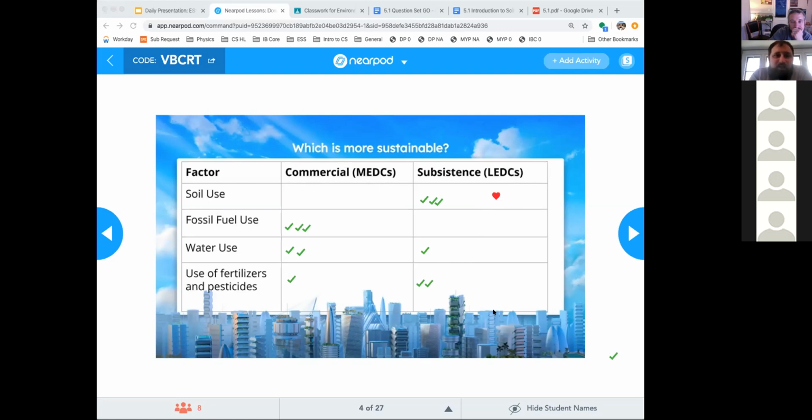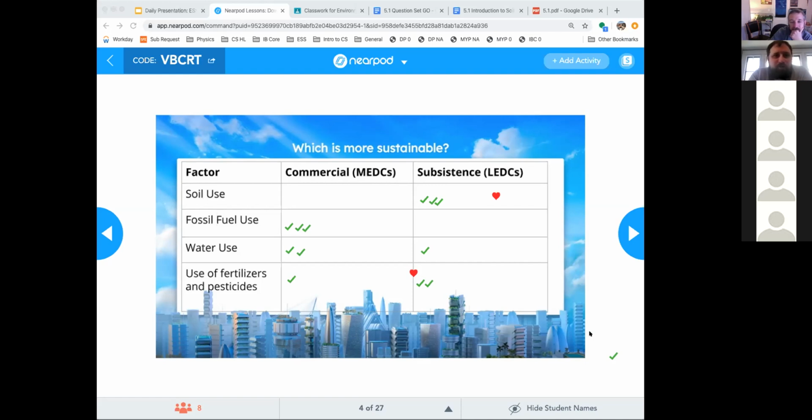That being said, on the commercial level, more can be done to prevent runoff, and they're better monitored, whereas on the subsistence level, if people use pesticides, they're not monitored at all. So there's a lot more pesticides and fertilizers used with commercial farming. That one, I feel like you could make an argument for either way.